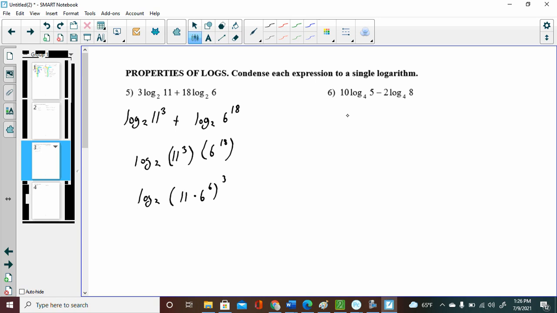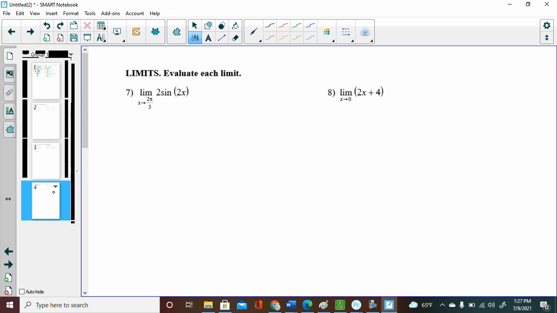Over here, log base 4 of 5 to the 10th divided by log base 4 of 8 squared. Now if I want to do some manipulation here, I could say 5 to the 5th and it's squared. So what does that look like? Log base 4 of 5 to the 5th over 8, and they're both squared. And if your mind's blown, that's fine.